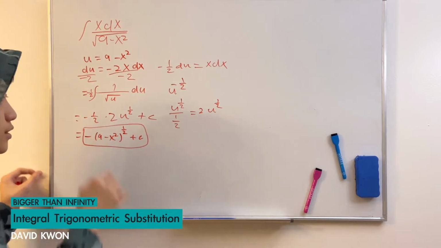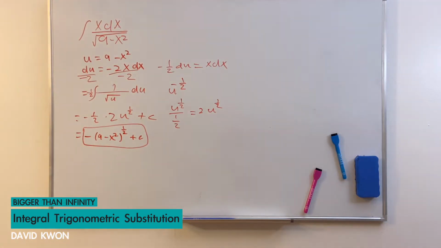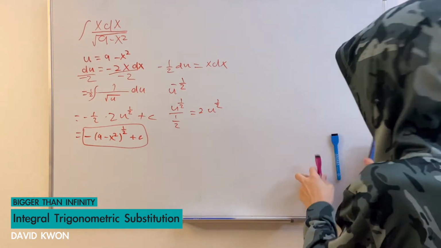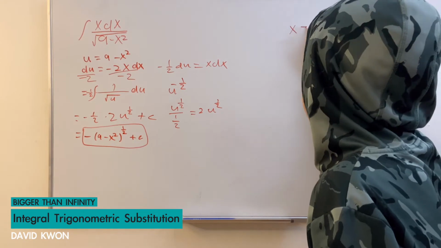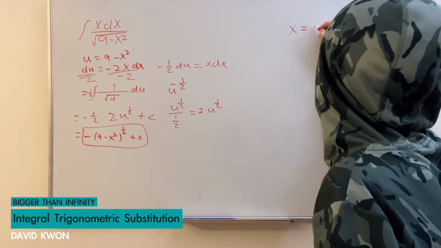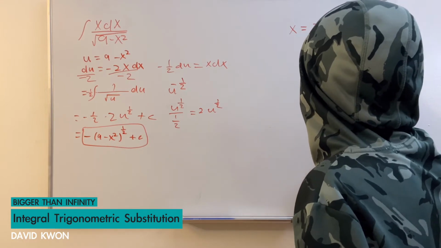Nice. This is one way that we solved it, and another way is to use trigonometric substitution. To do that, I will set x equal to 3 times sine theta.